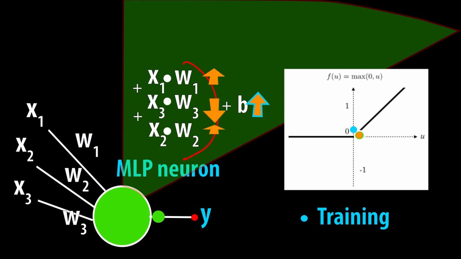The orange arrows shown here represent the calculation of both the direction and magnitude of the required modification for each weight, in order to adjust the total output to match the desired output. These orange arrows are called gradients, and they are calculated during the backpropagation process.